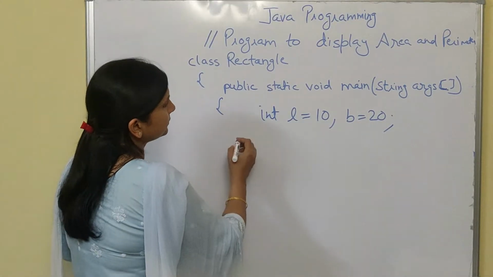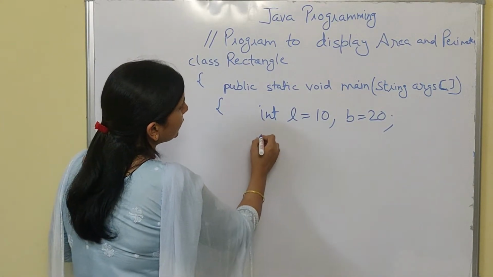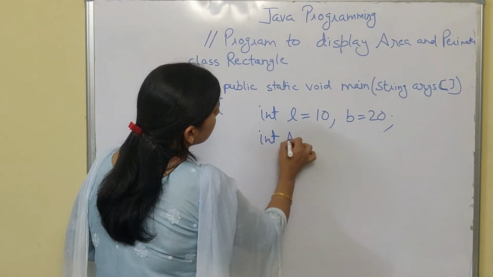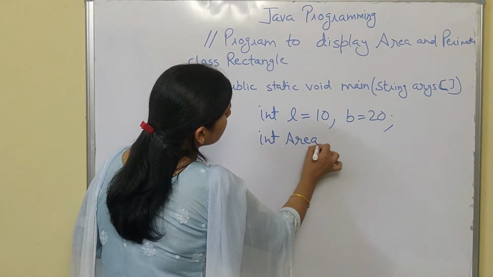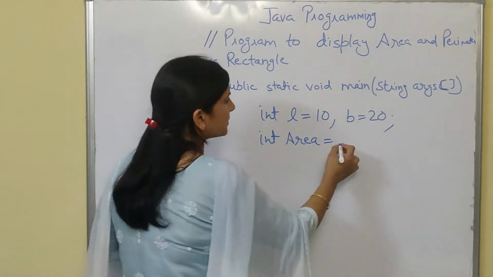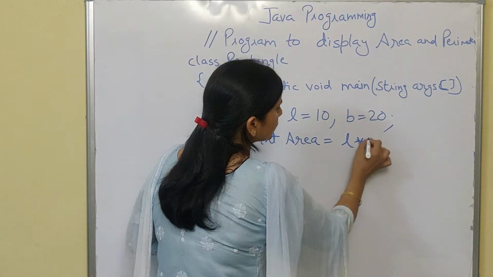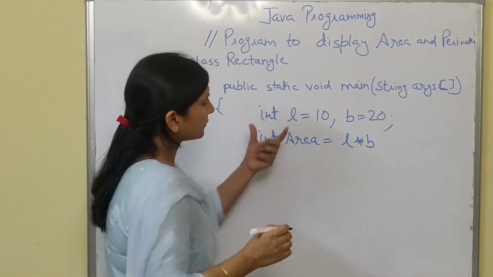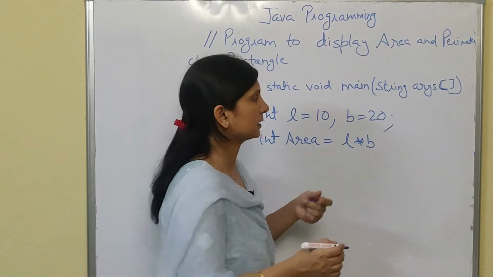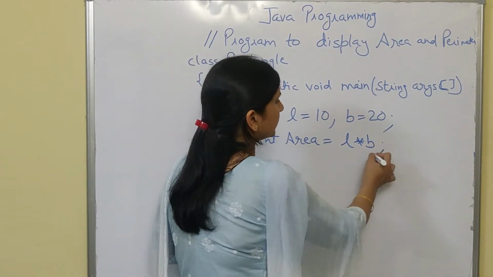Now for area, how will you calculate area? Int for area, I am taking the variable area. How will you calculate area of a rectangle? Very simple. Length into breadth. And after every statement we put which symbol? Semicolon, which acts as a terminator.